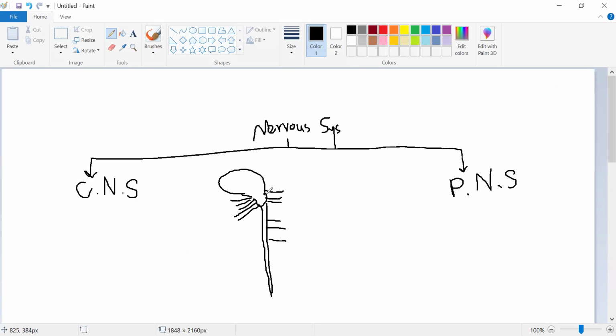Okay. So if I were to color code it, the black would be the CNS, right? And whatever I draw in green is going to be your peripheral nervous system.